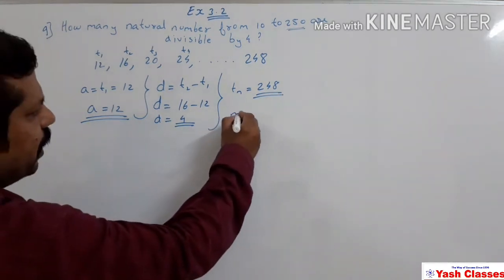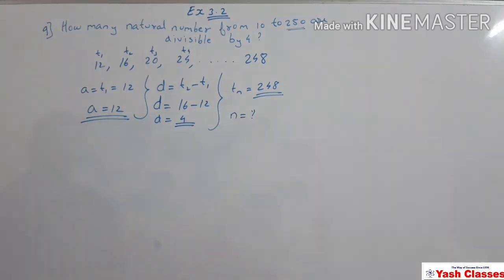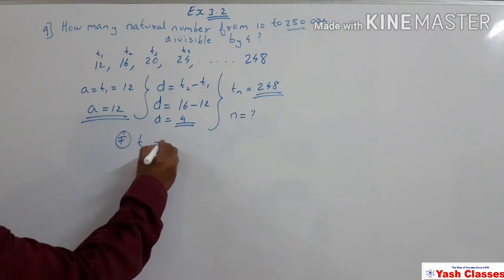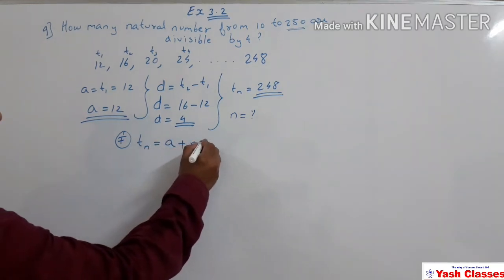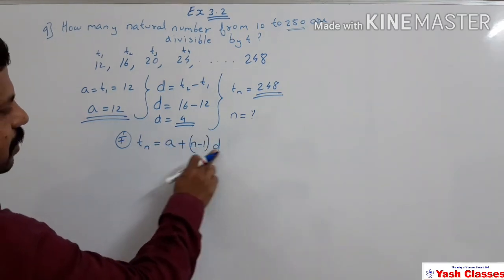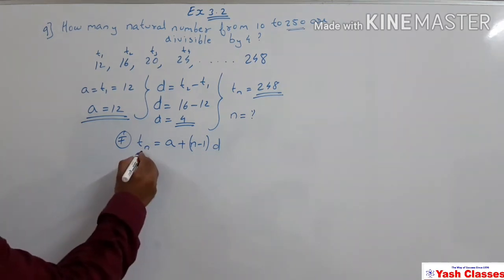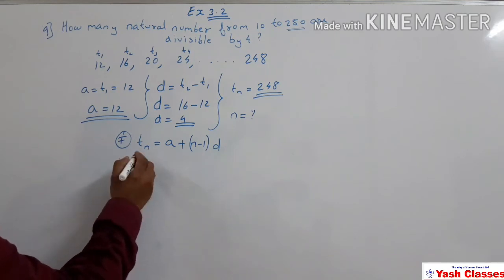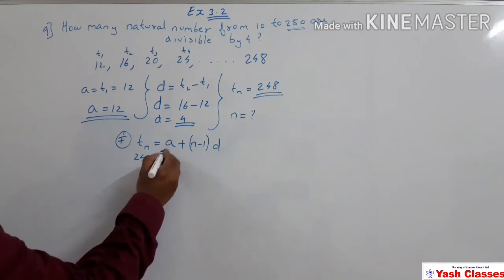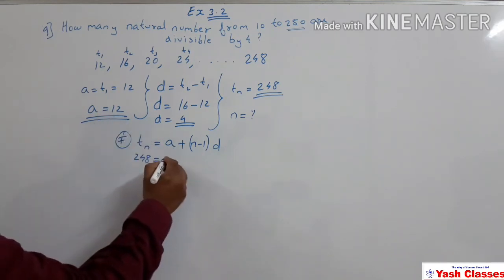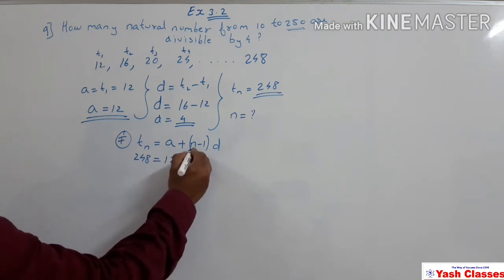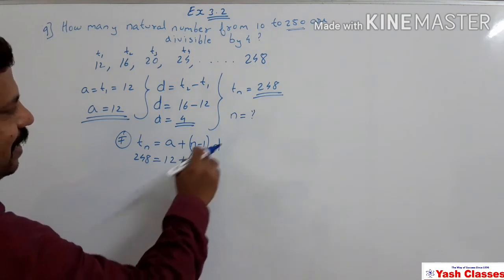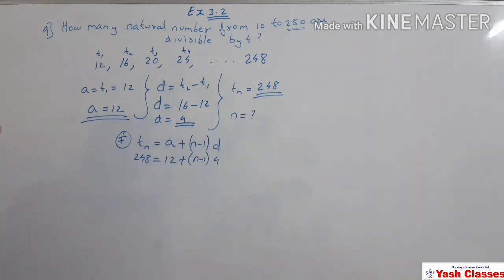Now here you have to find n. How many numbers? Natural numbers. Formula: Tn is equal to a plus bracket n minus 1 d. This is your formula. Tn we got here 248. Tn is 248 is equal to a, we got here 12, plus n we don't know, minus 1 as it is, and d is 4 here.